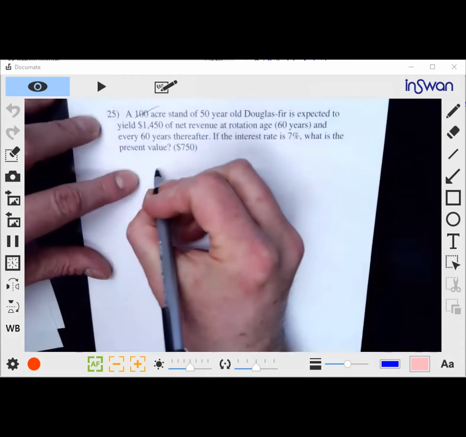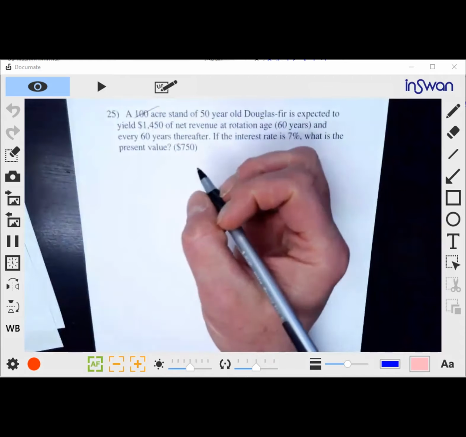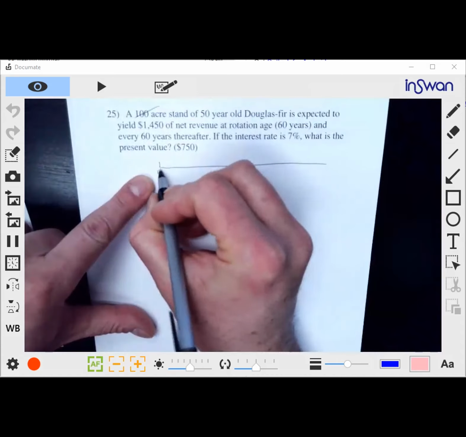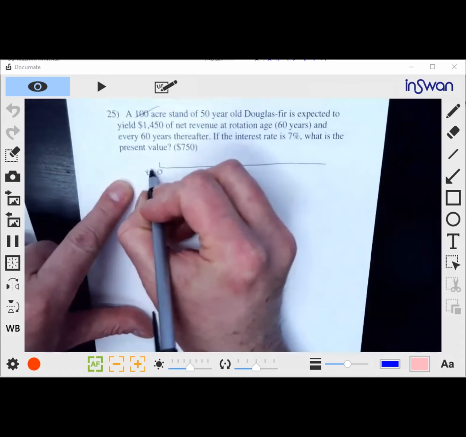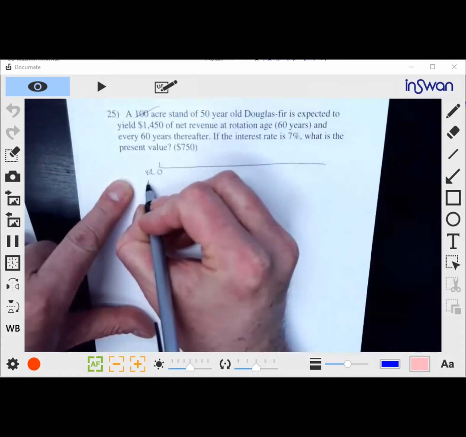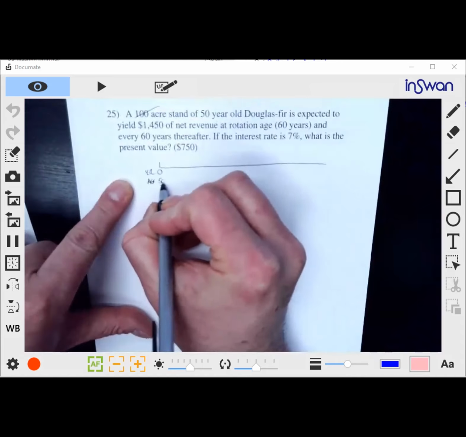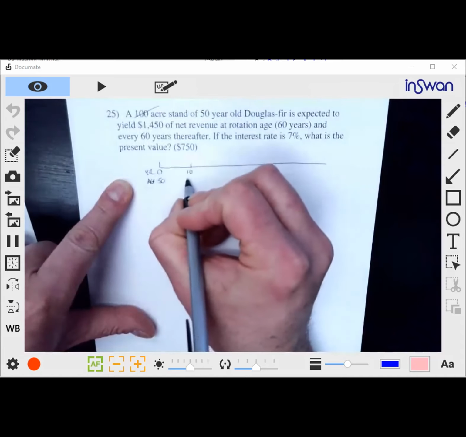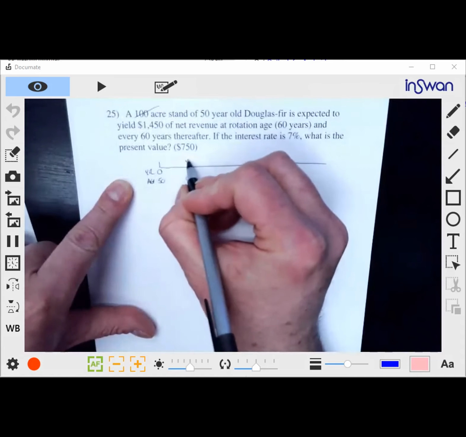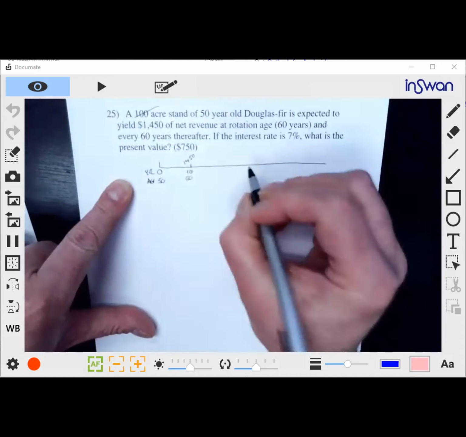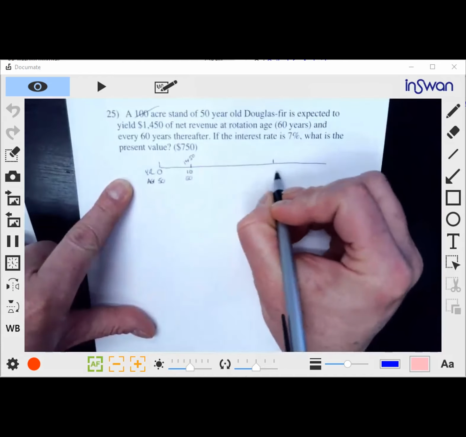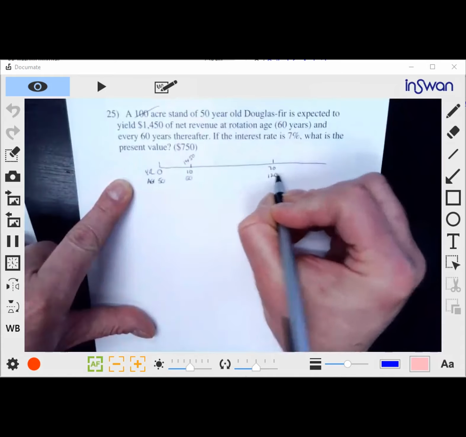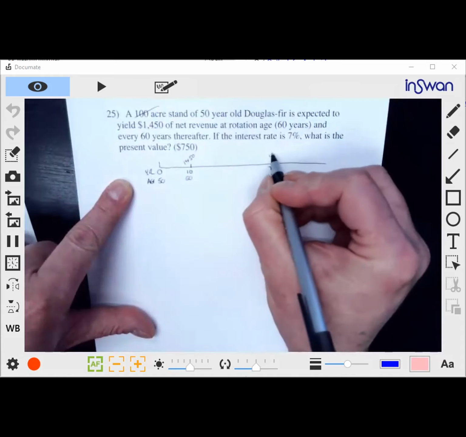So if you think about it, you would need to know what it looks like. In this case, here I am in this year, and here I have the age of the stand, 50. In 10 years, I'm going to have a 60-year-old stand, and I'm going to get $14.50. And then when I go on another 60 years, so at 70 years out, I'm going to cut it again and get $14.50.